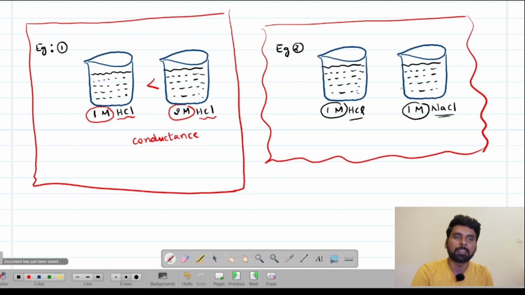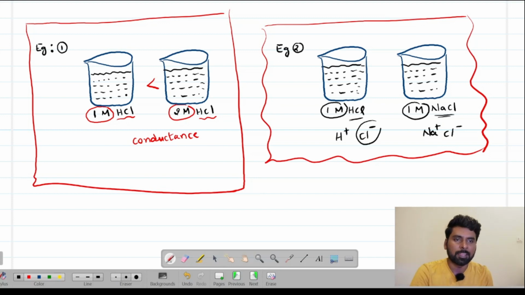If both the beakers contain the same number of ions, then you have to look into the second factor, mobility of the ion. Here there is a common ion between these two beakers, that is chloride ion. Here chloride ion is there, here chloride ion is there. So what is the other ion other than this anion? Here H plus, here Na plus.